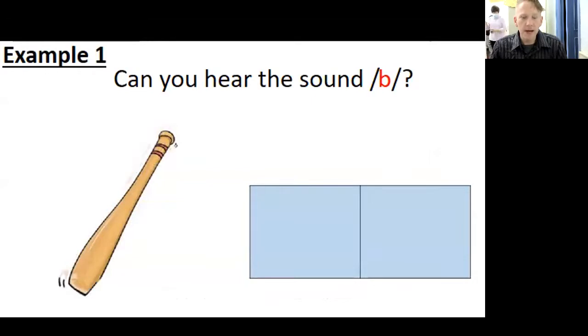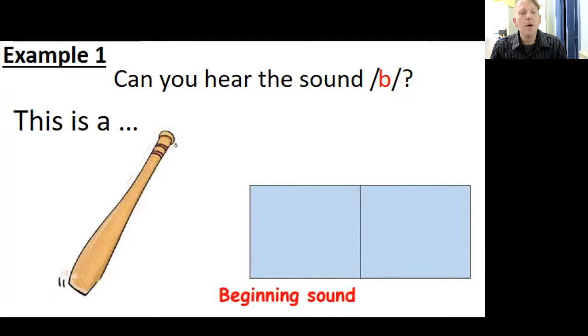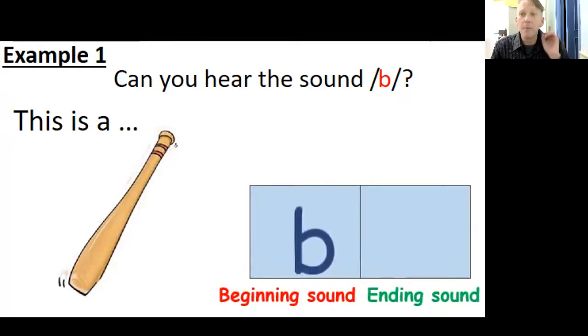B. Baseball bat. Beginning sound or ending sound? I hear it at the beginning. That's right. And beginning starts with letter B as well. Very good. Okay, let's try the next one.